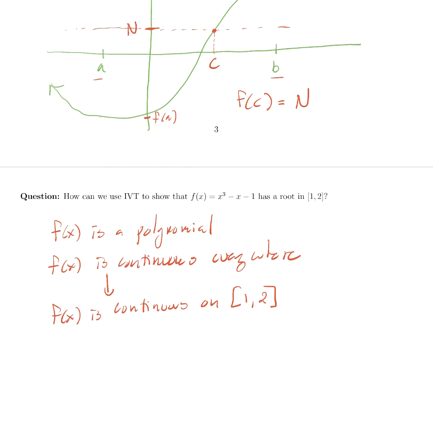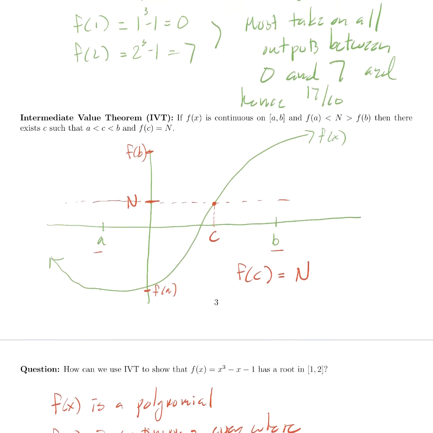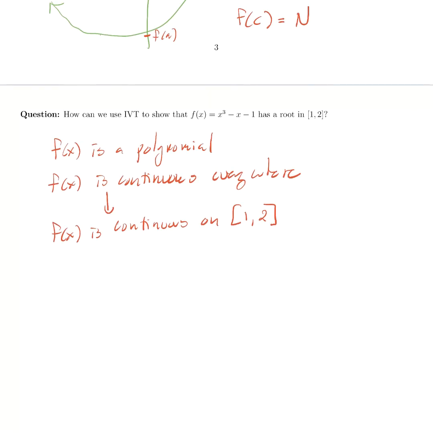Okay, so let's see. We have the beginning of the intermediate value theorem. f(x) is continuous on [a, b]. In this case, a and b are 1 and 2. So we want to know, what is f(a)? f(1) is 1 cubed minus 1 minus 1, or negative 1.